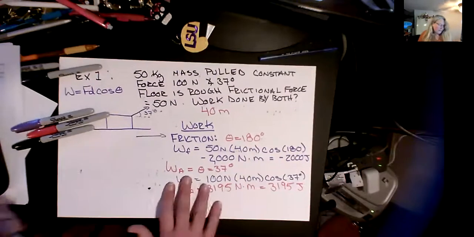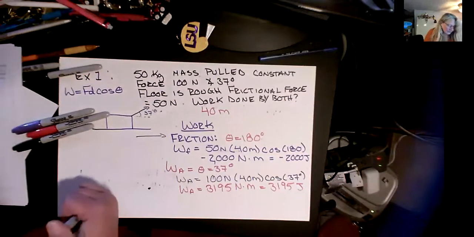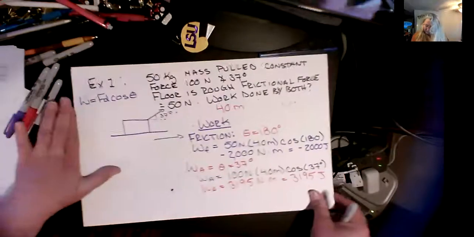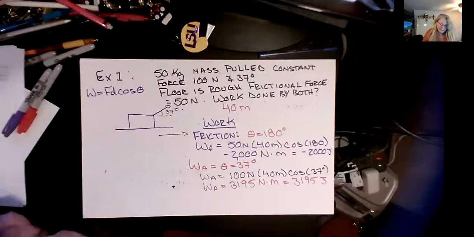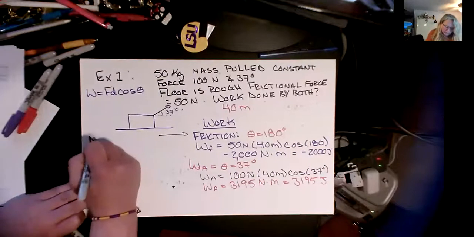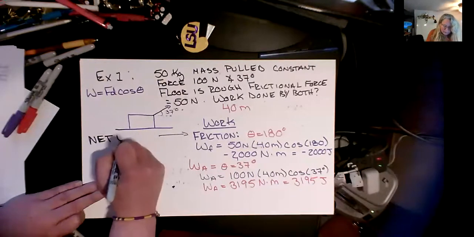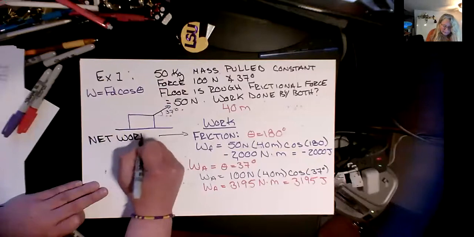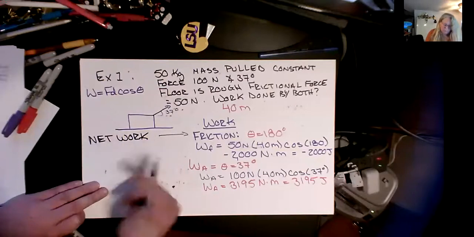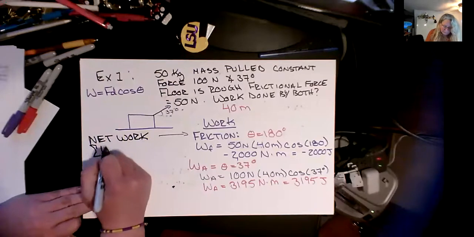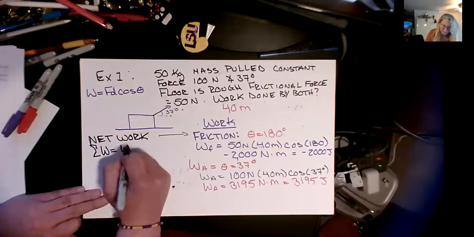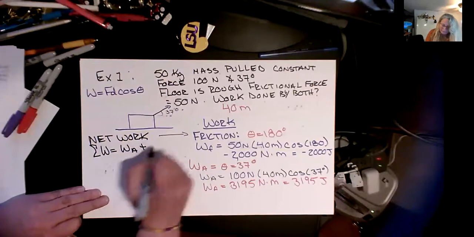So now here's the fun thing. The next question, yeah, it does ask for net work done. So we've answered these pieces. That's the work done. The net work, not like TV, it's the net amount of work, is going to be the sum of all of my works. So my work applied plus my work from friction.